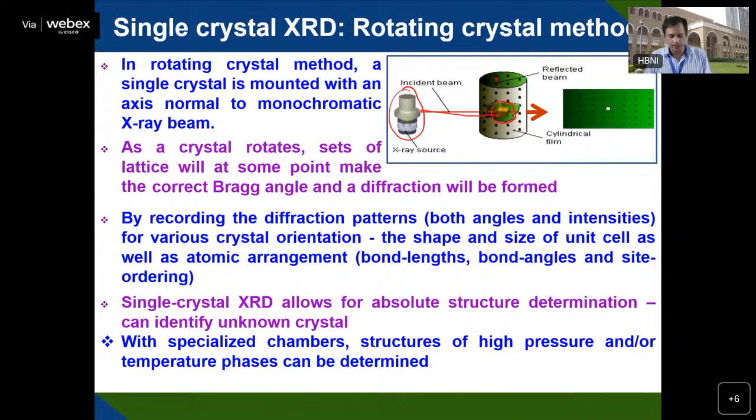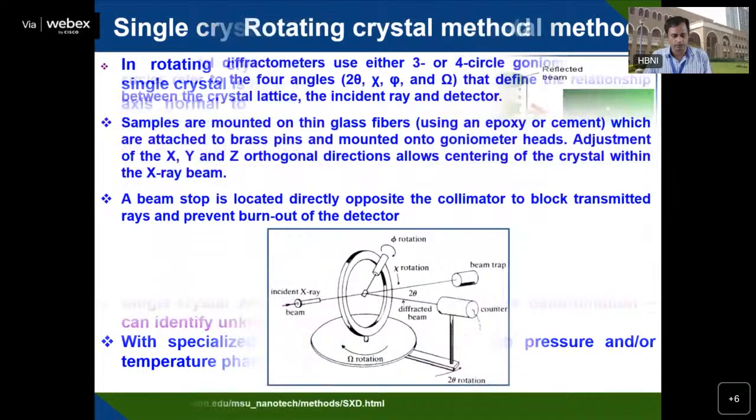Single crystal XRD allows absolute structure determination, and you can use it to identify unknown crystals. With a specified chamber, you can also do high temperature XRD as well as high pressure XRD. You can see in-situ diffraction patterns, the temperature dependent change in phase, and how pressure changes the crystal structure.